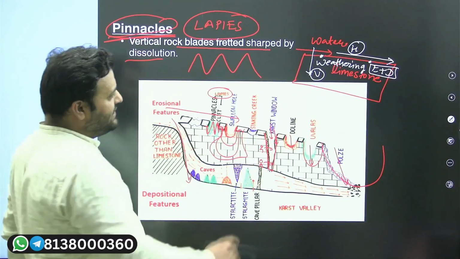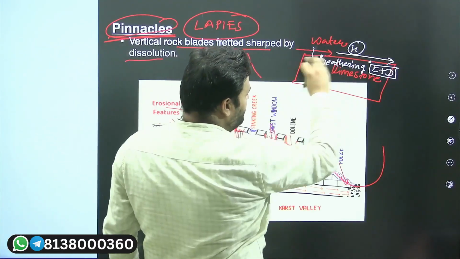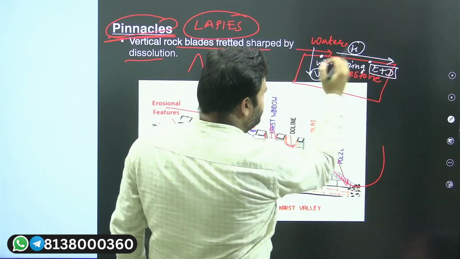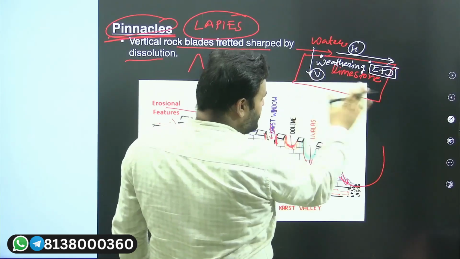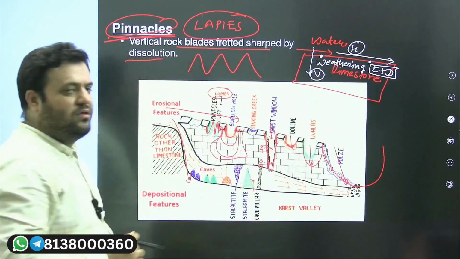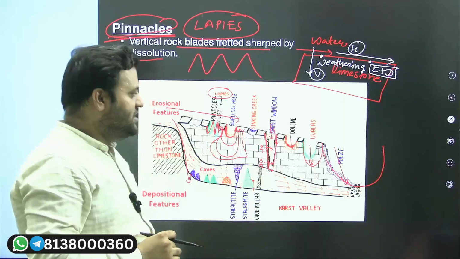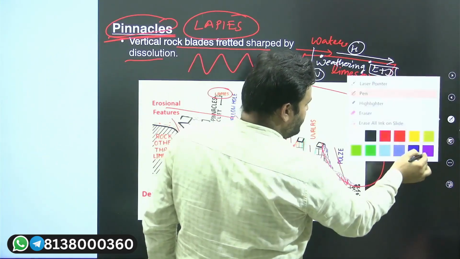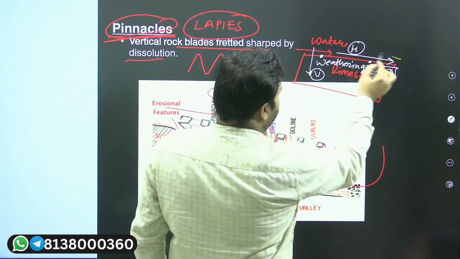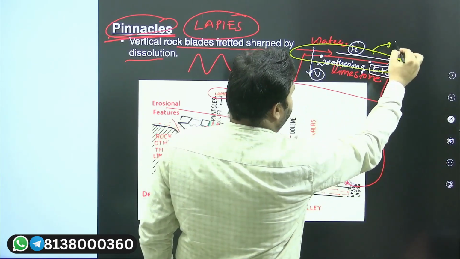Clear? So as a result of this erosional action of water, the surface topographical feature will be changed. As a result of the vertical flow of water, there will mostly be deposition. Here at the surface level, we will mostly have erosion.